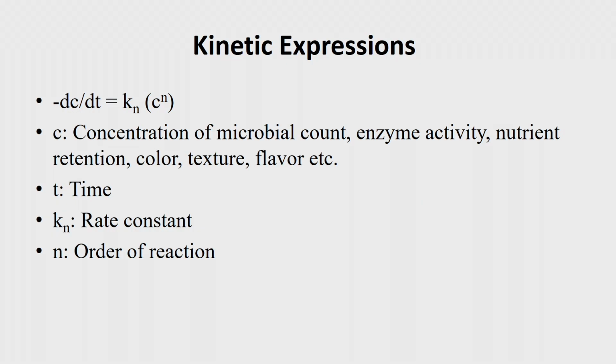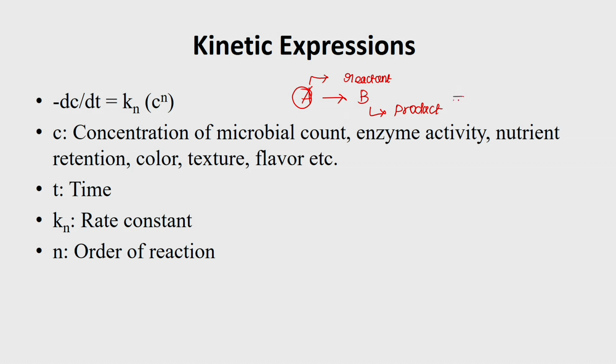Normally any reaction, for example, if A gives B, this A is nothing but a reactant and B is nothing but a product. So how do I represent the concentration of reacting species with respect to time?